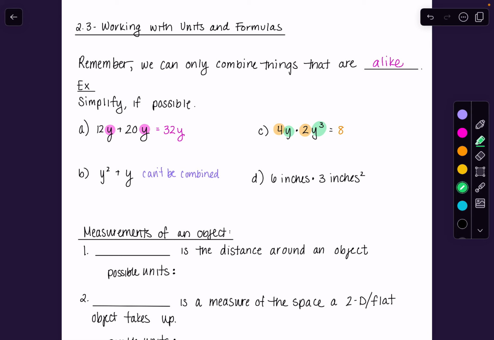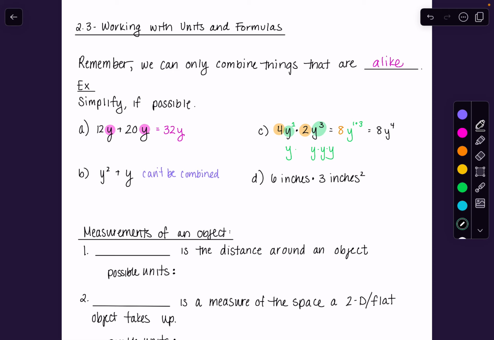We add the exponents together because all it's standing for is repeated multiplication. So on this y, that really is y to the first. So what that gives me is y, and then we add those two exponents, 1 and 3. Because really this is y, and then this is y times y times y, and we're multiplying them together. So in reality, this gives me 8y to the fourth.